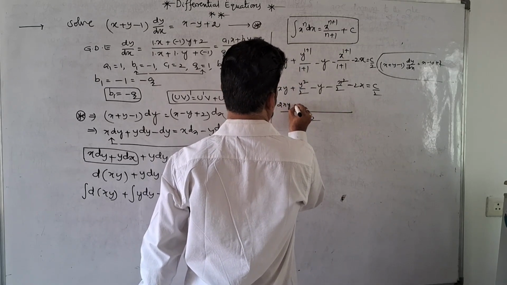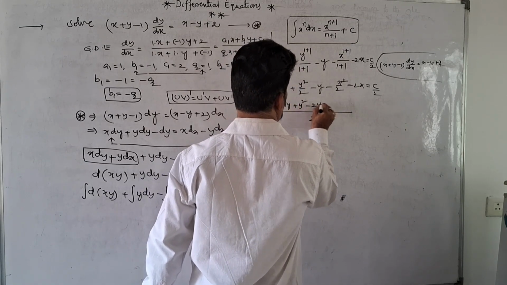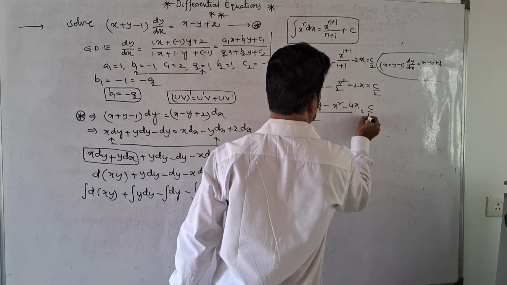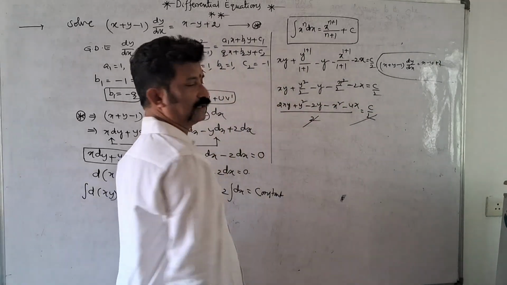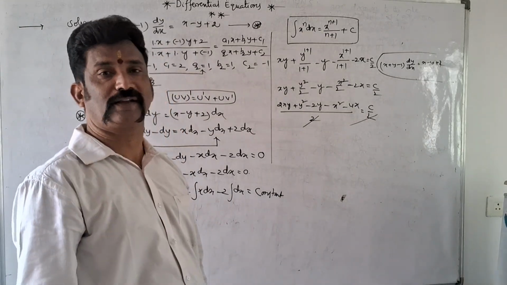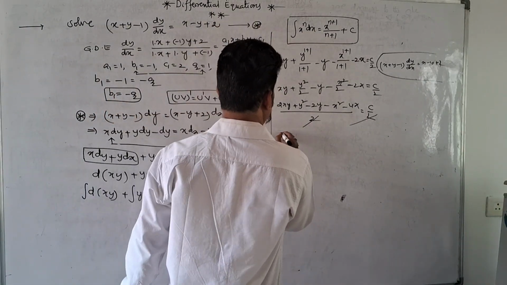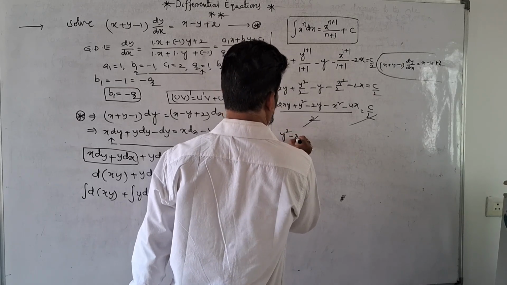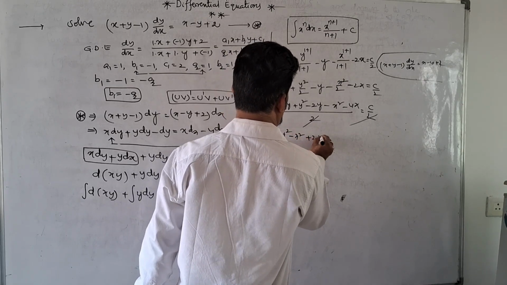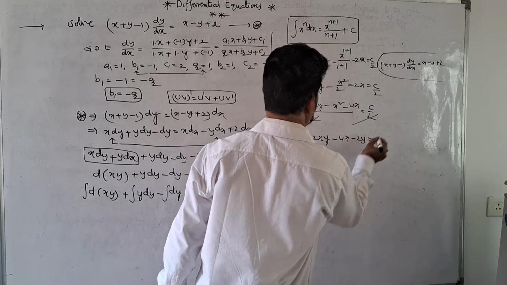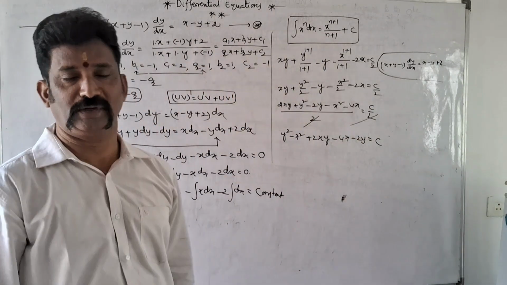So 2xy plus y square minus 2y minus x square minus 4x is equal to c by 2. This one is cancelled. That's why the constant can be written as c by 2. Okay, yes. So this implies y square minus x square plus 2xy minus 4x minus 2y is equal to c. This is the final equation.